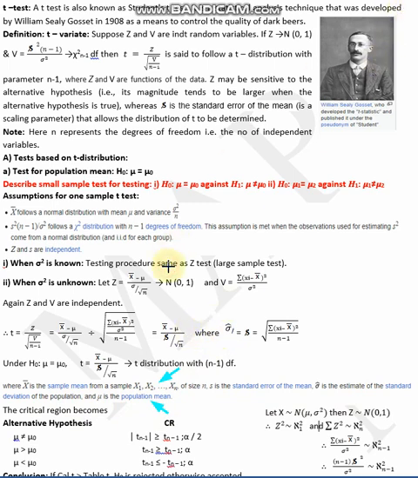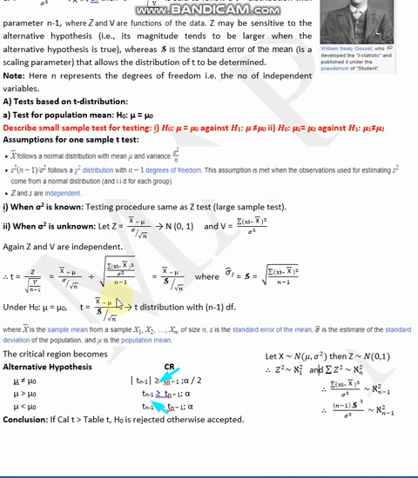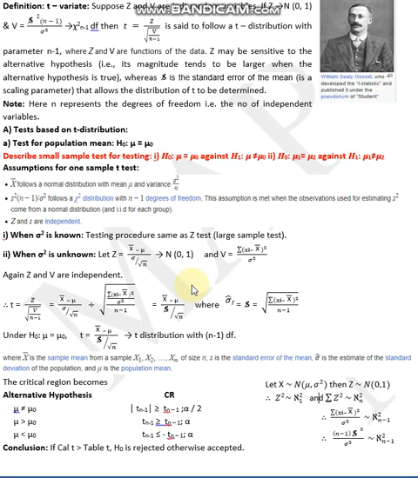So what is my test procedure? If the test is two-tailed, then the critical region is mod t n minus 1 greater than or equal to t n minus 1 alpha by 2, where alpha is my level of significance.